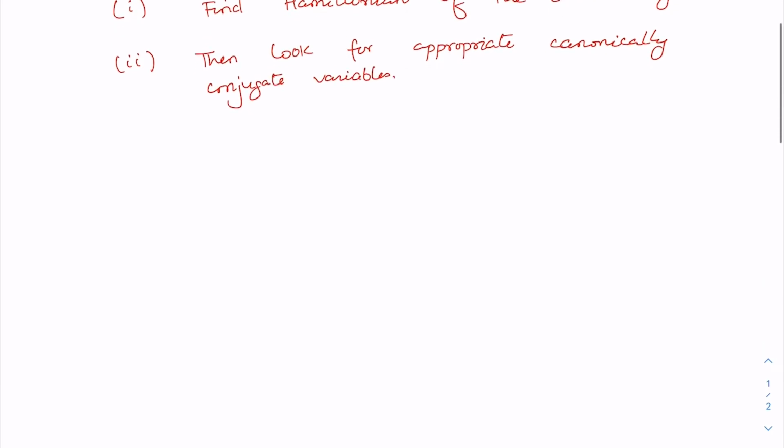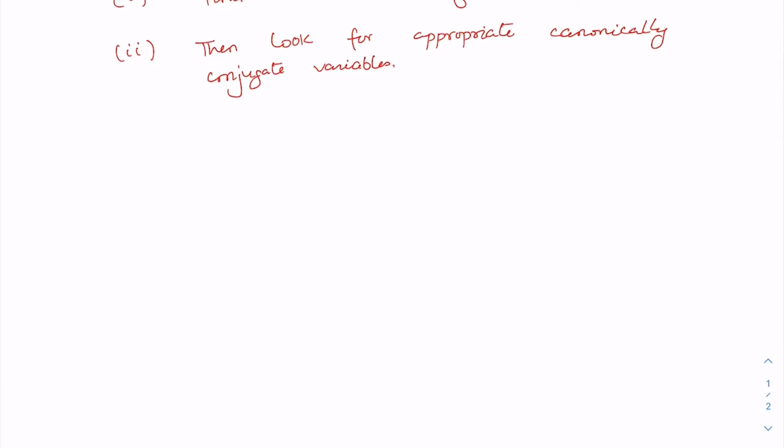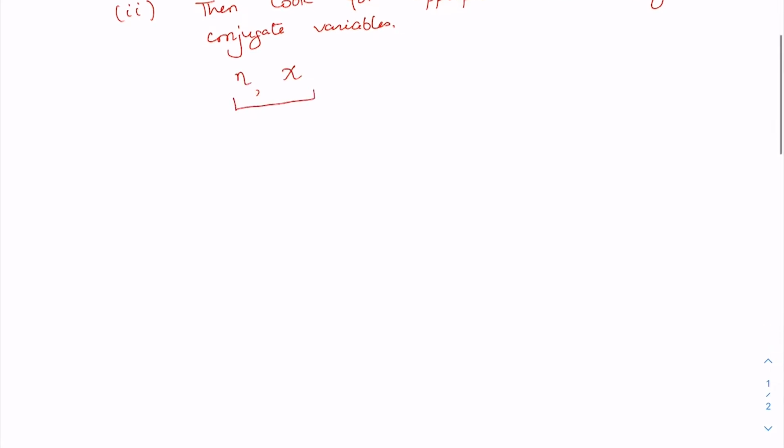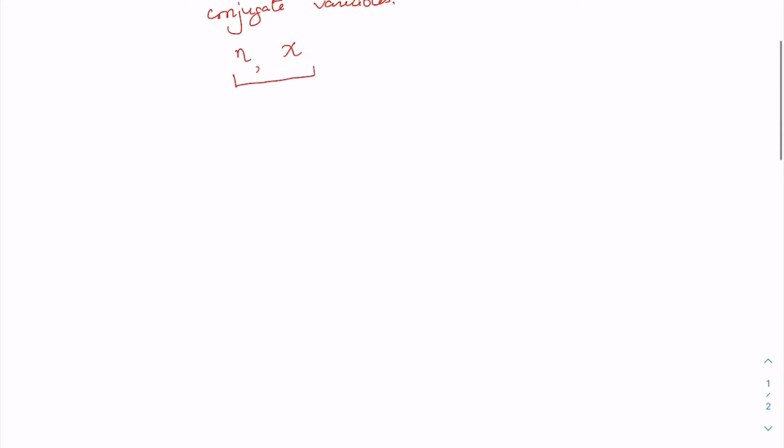By canonically conjugate variables, I mean, say we have canonically conjugate variables eta and chi. These are canonically conjugate variables provided they satisfy the so-called Hamilton's canonical equations of motion. So say eta satisfies del H del chi, and chi has to satisfy minus del H del eta, or vice versa.